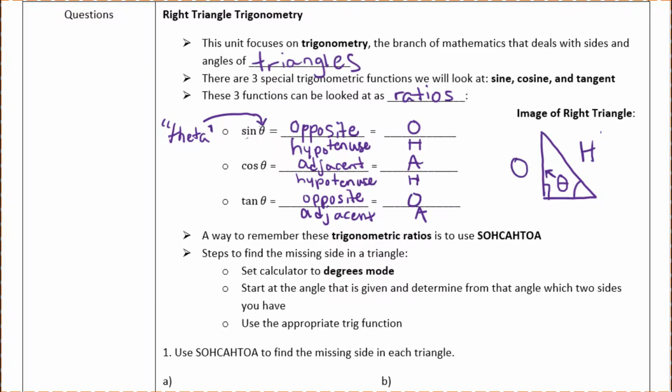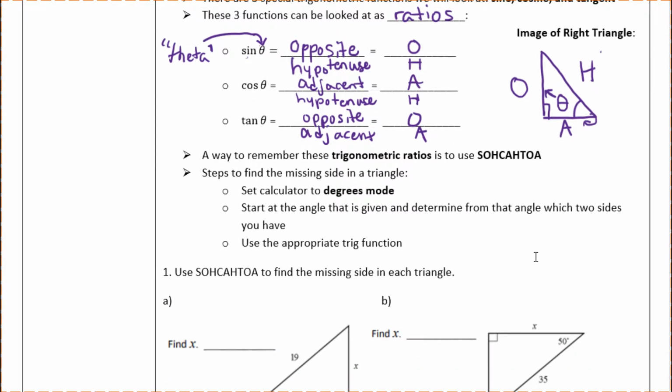The side that is adjacent is the side that is next to the angle, so that's A. If you were to find sine, you would just do the length of the opposite side divided by the length of the hypotenuse, H. That's how you use it in the right triangle. A way to remember this is SOHCAHTOA, where SOH: sine is opposite over hypotenuse, CAH: cosine is adjacent over hypotenuse, and TOA: tangent is opposite over adjacent. So that's a way to remember.